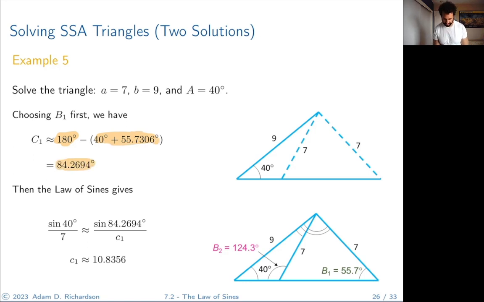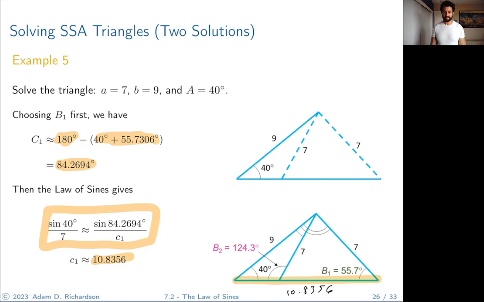This tells us that the last angle has to be approximately 84.2694 degrees. Then we can use the law of sines again, and this lets us solve for the side C1. We get that the length is approximately 10.8356. So that would be this length right here.